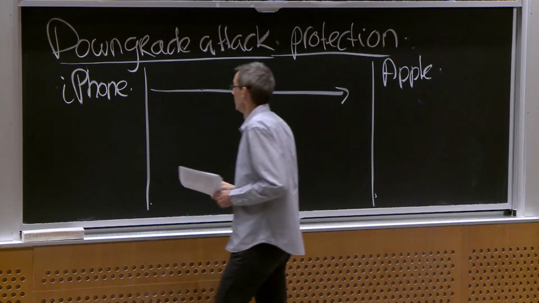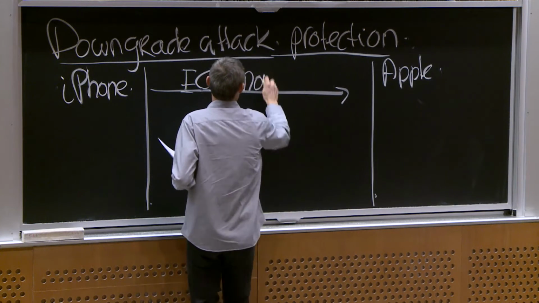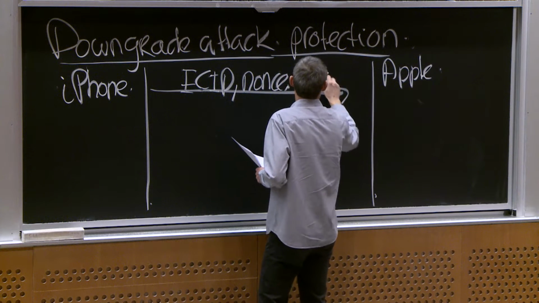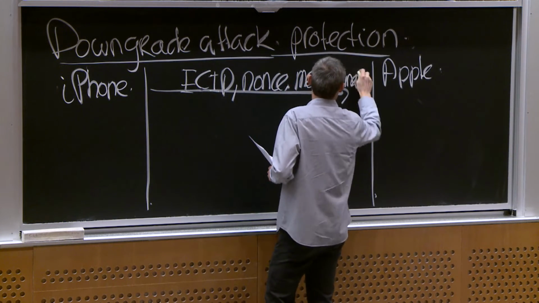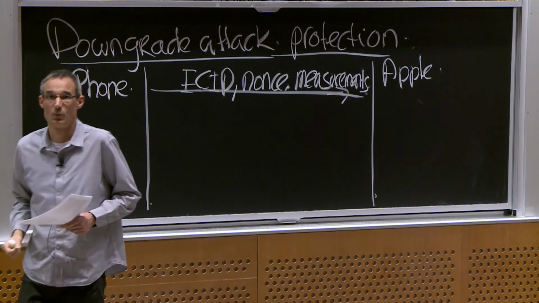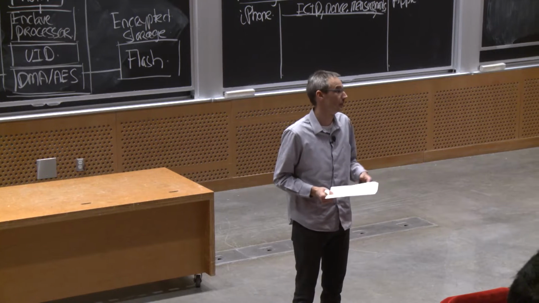And in that message, there's going to be the ECID, some nonce for replay detection, and what I call measurements. The measurements are basically what I talked about a little bit earlier, the cryptographic hashes of the version of the software that the iPhone wants to install or upgrade to.